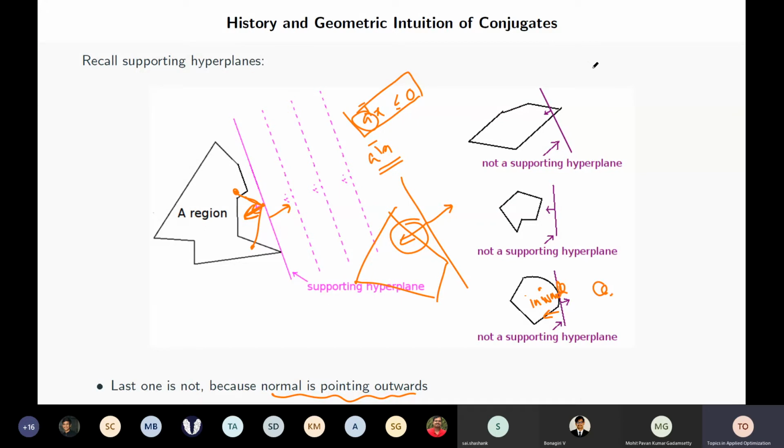It's coming from the definition of a hyperplane. A hyperplane is what? A transpose X is equal to B, right? Another way to write the same hyperplane would be minus A transpose X is equal to minus B. So the same hyperplane I can see as A transpose X is equal to B, but I can also see as minus A transpose X is equal to minus B. But when I'm saying that it's a supporting hyperplane to some region, then I'm asking for the plane normal to be in this direction.